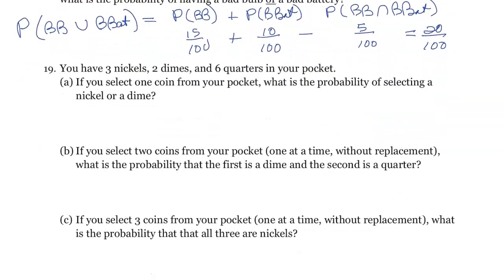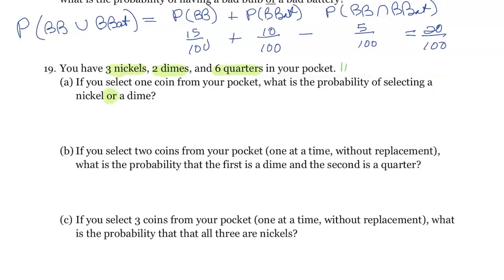If you have 3 nickels, 2 dimes, and 6 quarters in your pocket, that's 11 coins. If you select 1 coin from your pocket, what is the probability of selecting a nickel or a dime? Okay, so we have that or.